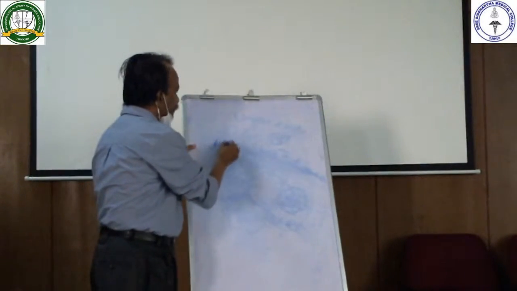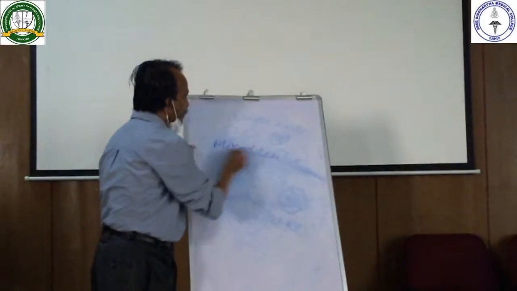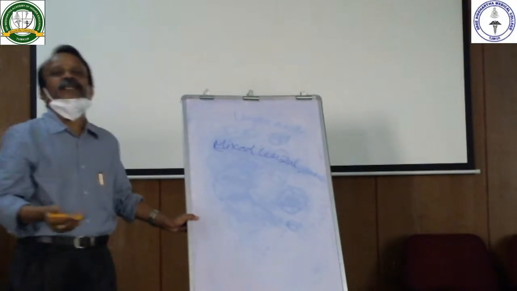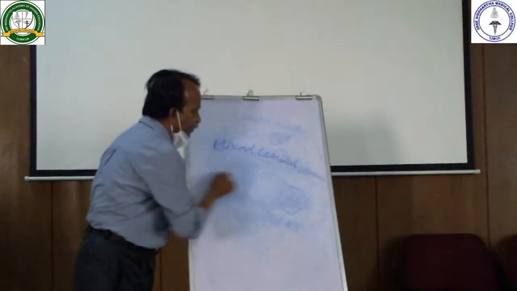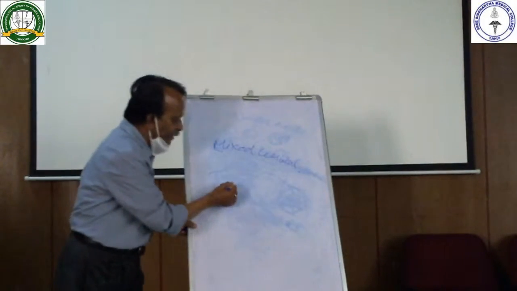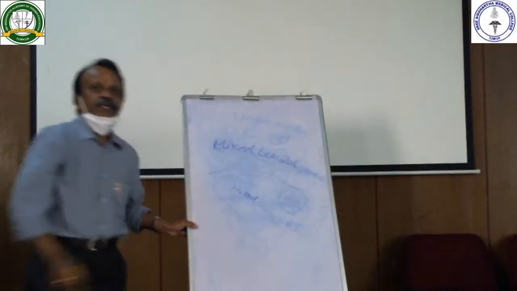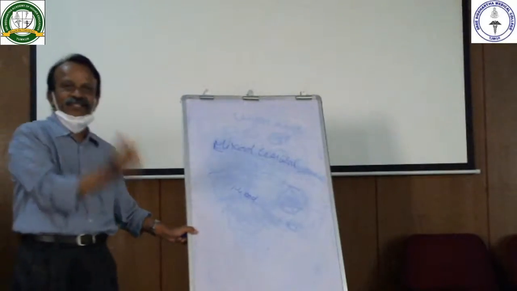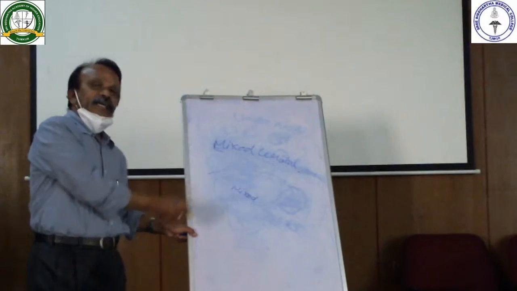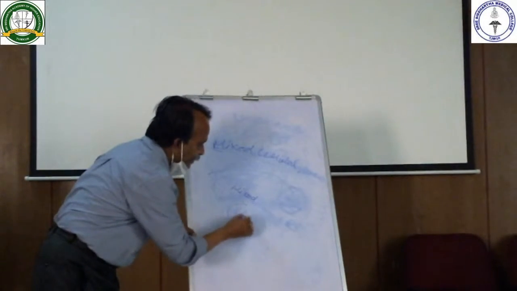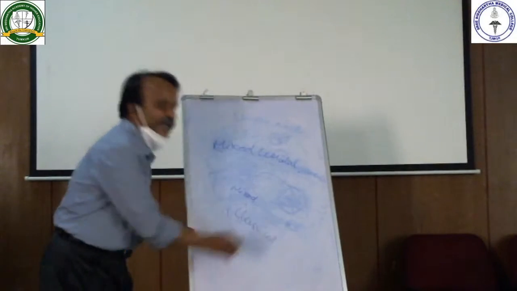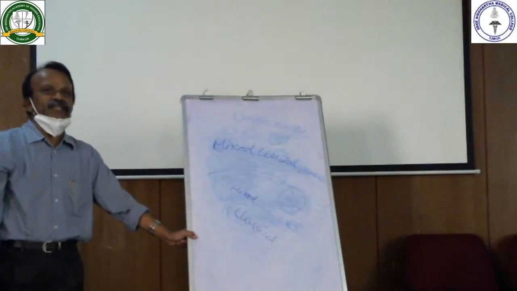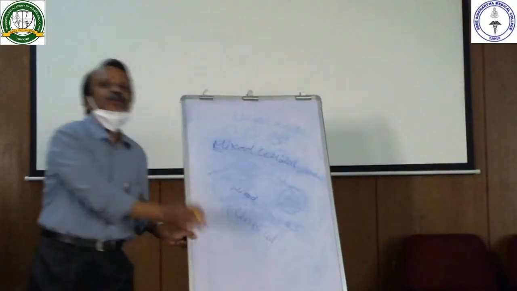Here the lymph node architecture, as usual, is obliterated, there is thickening of the capsule, and the entire lymph node is replaced by a mixed cell population, that is lymphocytes, histiocytes, eosinophils, etc. Along with that, classical type Dorothy-Reed-Sternberg cells with owl's eye appearance are seen, and here it is diffuse in pattern.